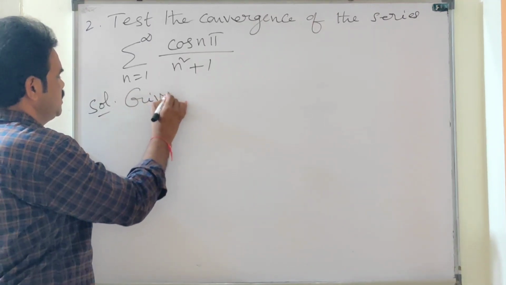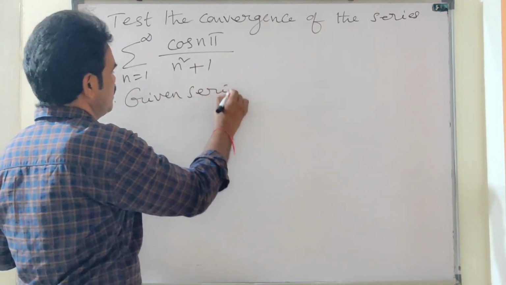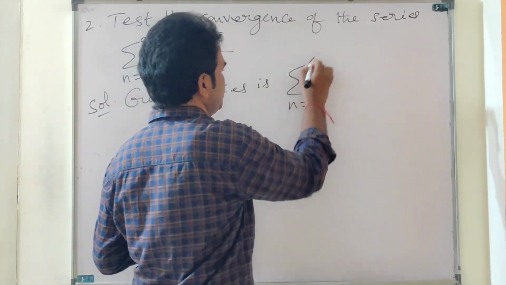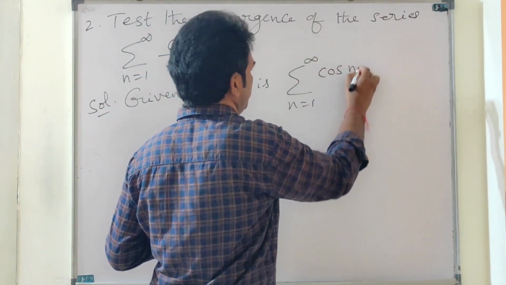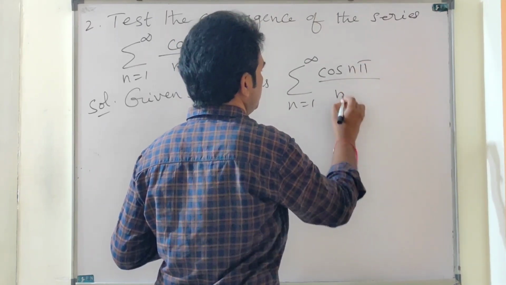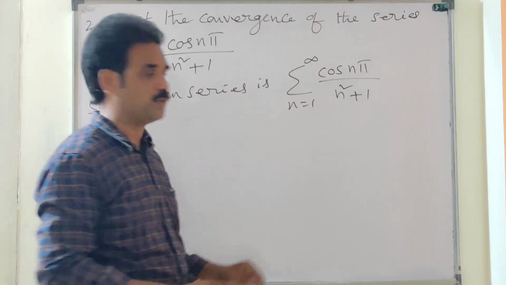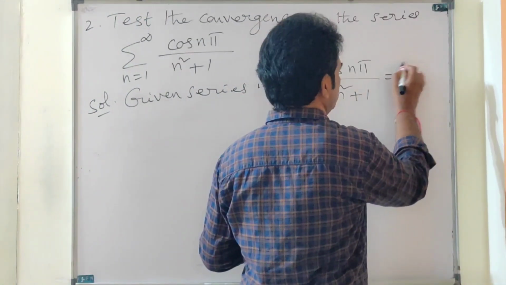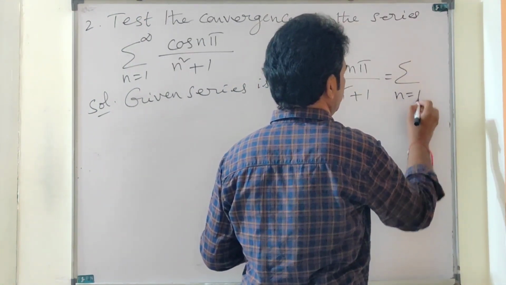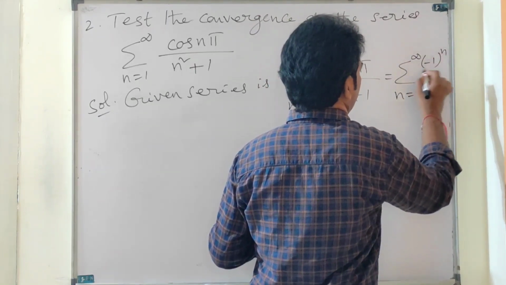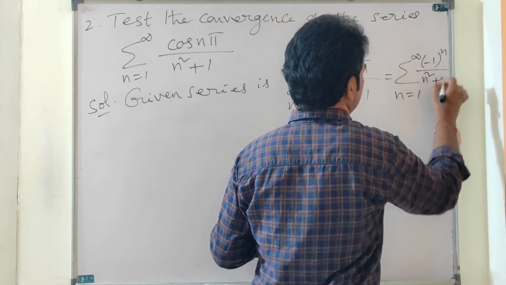Given series is sigma n is 1 to infinity cos n phi by n square plus 1. And you know that cos n phi is (minus 1) whole power n. So this is sigma n is 1 to infinity (minus 1) whole power n by n square plus 1.